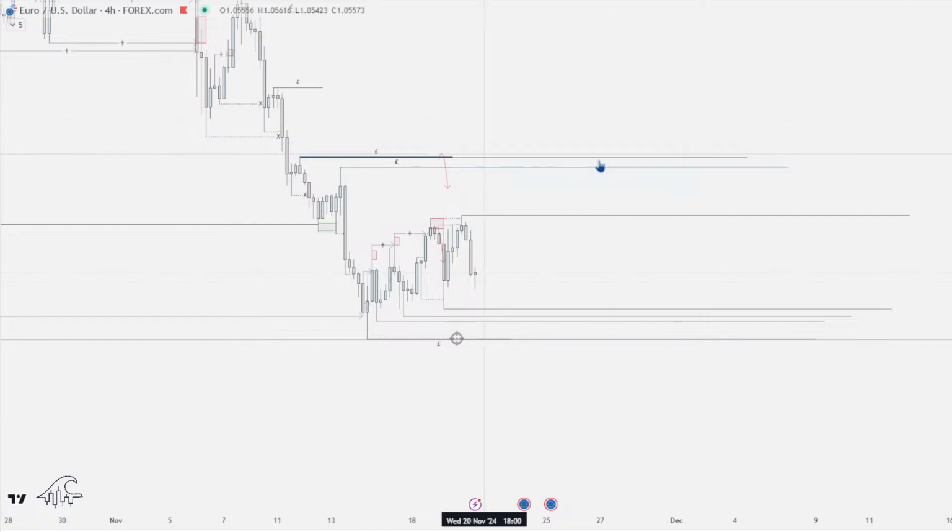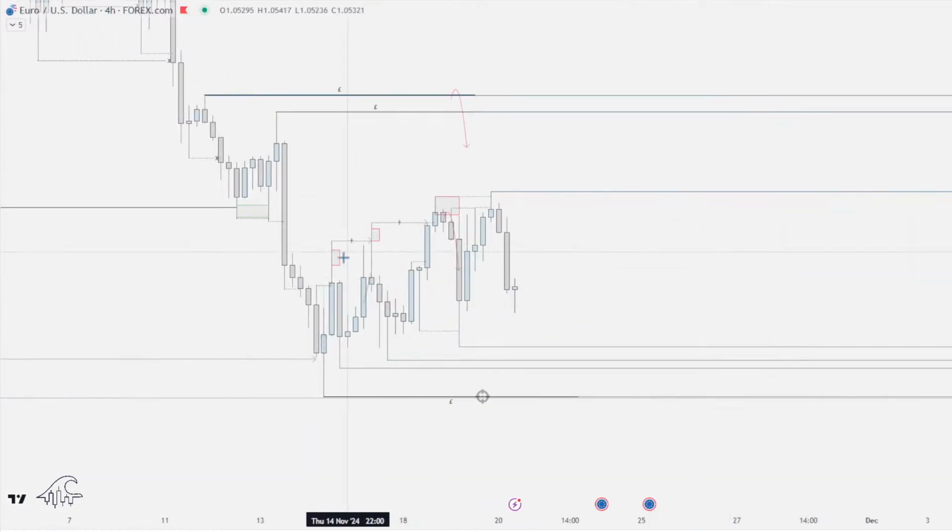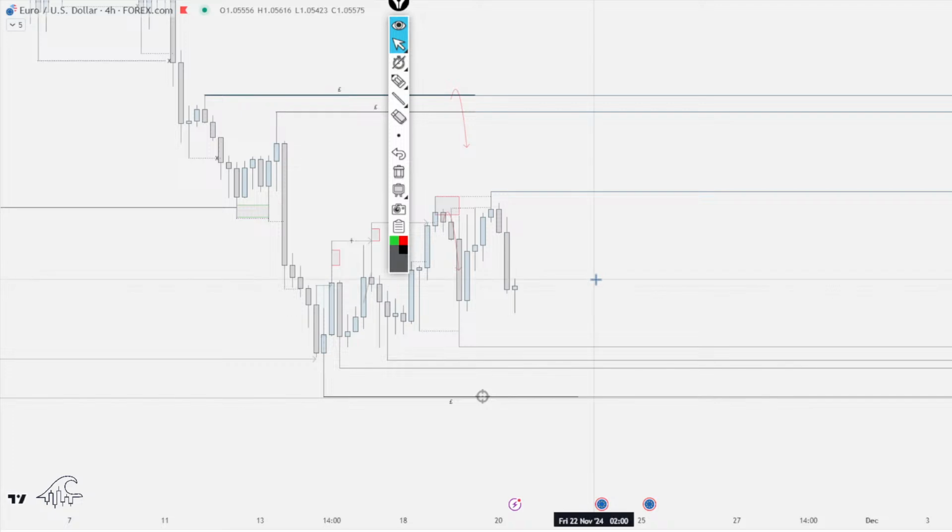Yes, sir. So we were saying yesterday that we've got a bearish bias on this. Every single time it has swept a high, it's delivered a move to the downside.